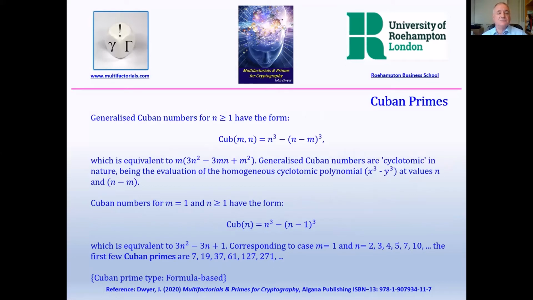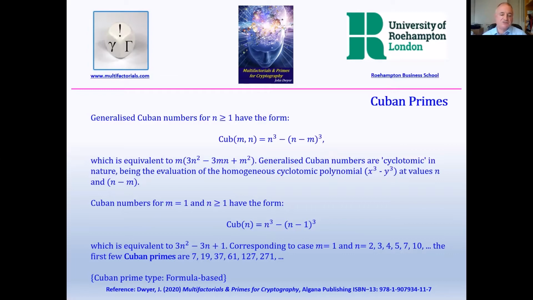Now, generalized Cuban numbers, nothing to do with Cuba, are in fact defined as the difference between two cubes. In its general form, Cuban(m, n), where m and n are both positive integers, is n cubed minus m cubed. You can see that the expression simplifies, and in the particular case where m equals 1, Cuban(n), which is a function of one variable, is equal to n cubed minus (n minus 1) cubed.